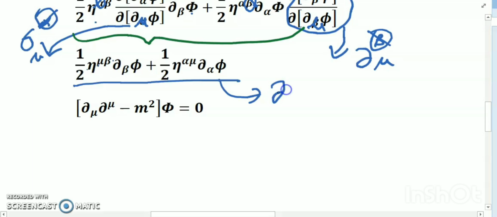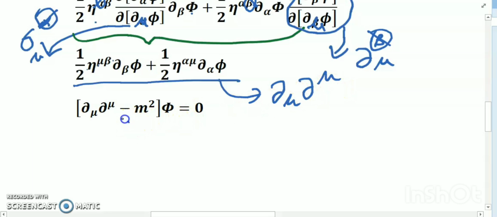So this total multiplication can be written as del mu into del upper mu, where del with a subscript mu and del with a superscript mu give del mu del mu.